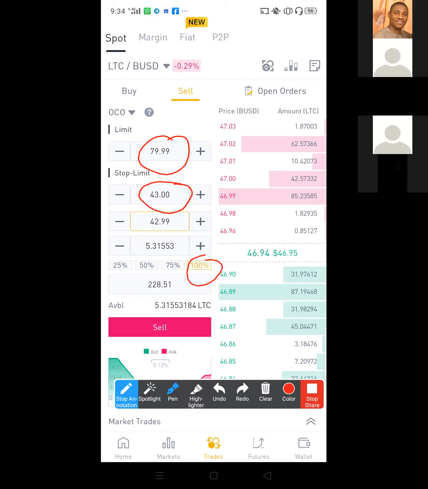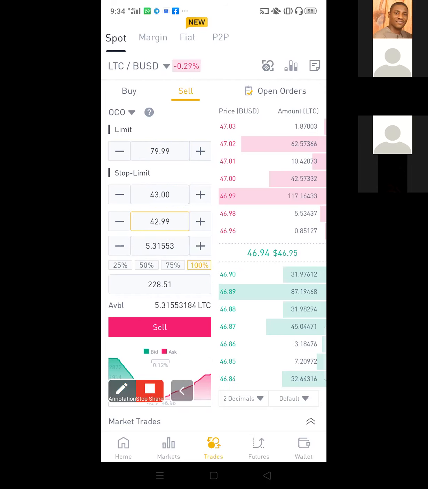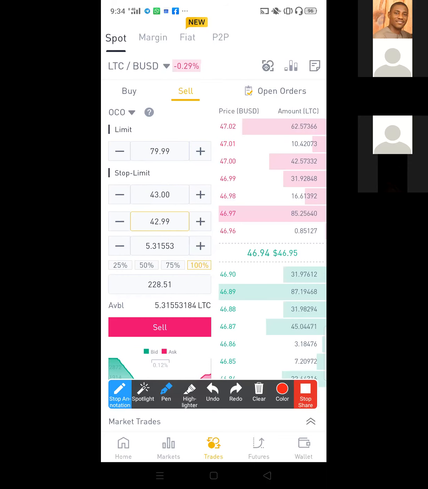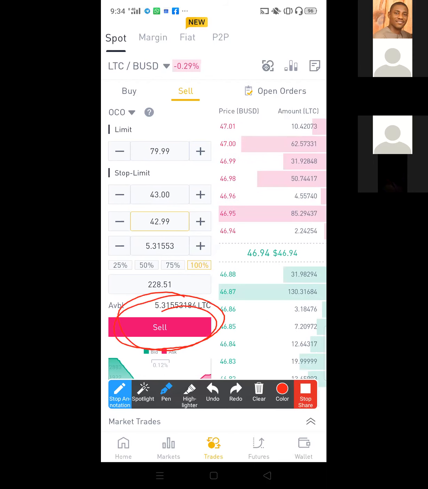It means, in this case, this guy got 5 Litecoin, 100%. I'm sure you got this, friends. If that happens, just come down here and click on sell. Click on sell here, and that activates your trade.